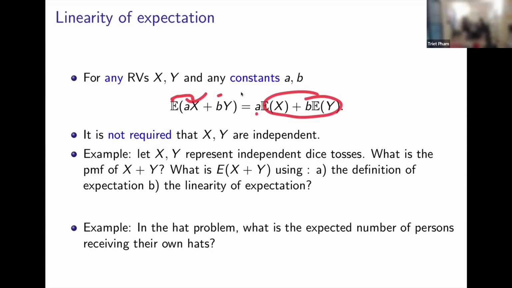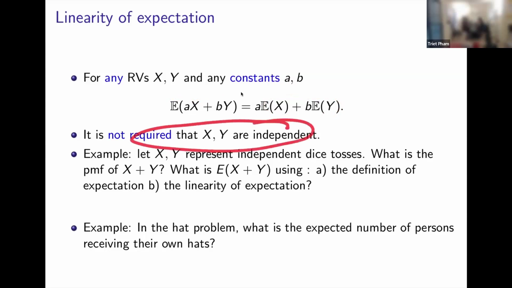So the expectation of a linear combination is a linear combination of expectations. And the cool thing is it does this without caring about how x and y are related. X and y can be independent, can be dependent, doesn't matter. This formula is always correct.